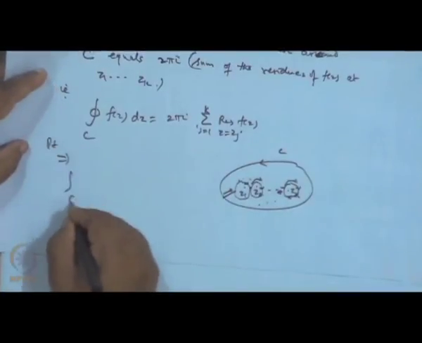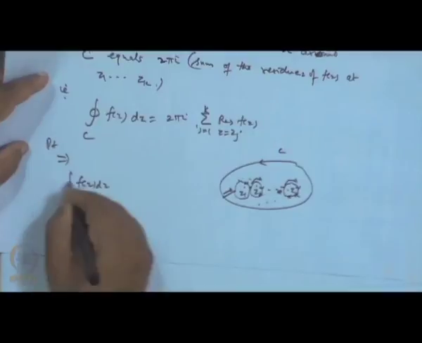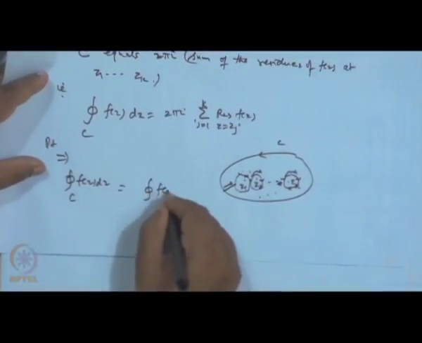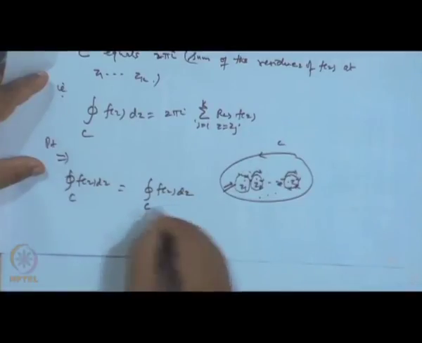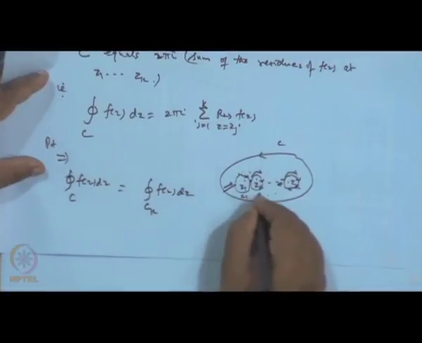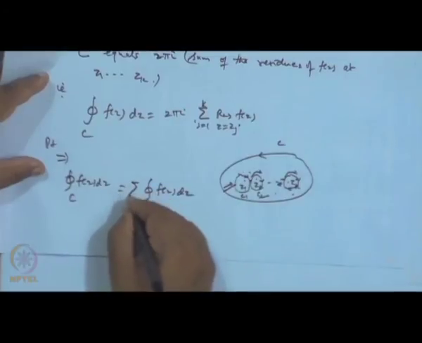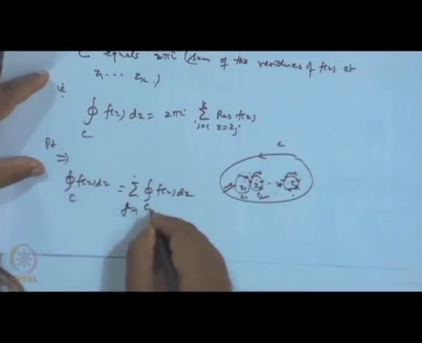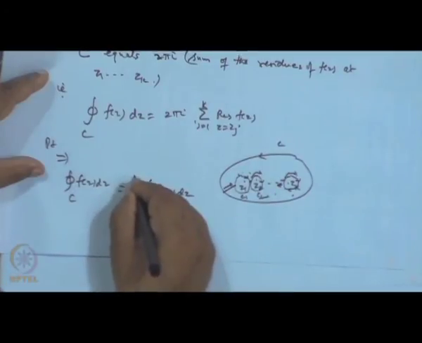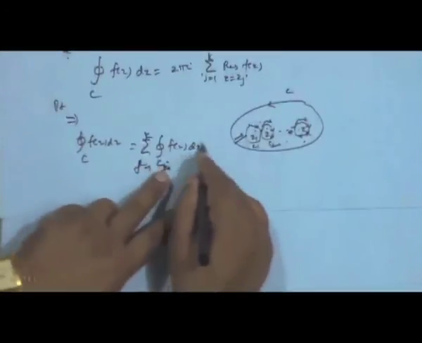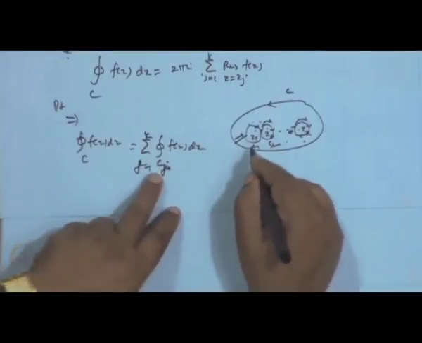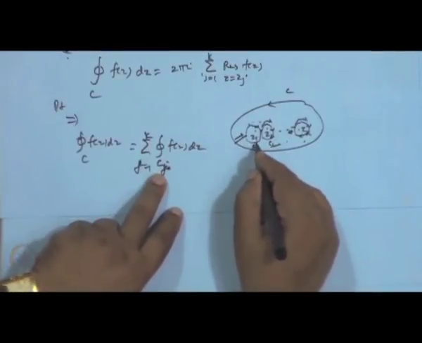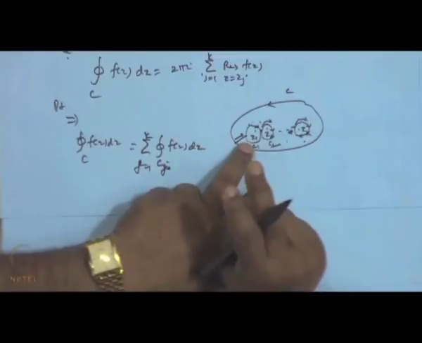So we get that the integral of the function f(z) along the outer boundary is the sum of the integrals of f(z) dz along the inner boundaries C1, C2, ..., Ck. Now, each integral is taken along a curve which contains only one singular point.